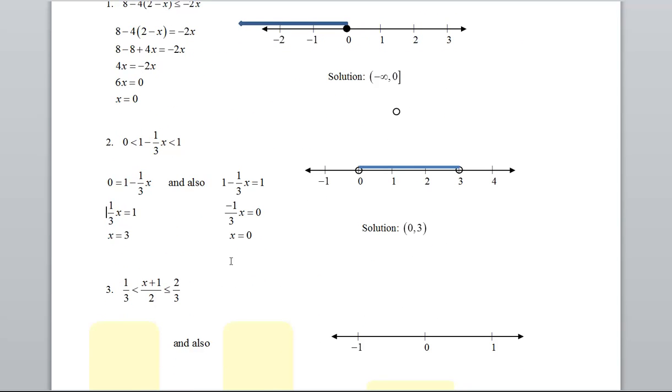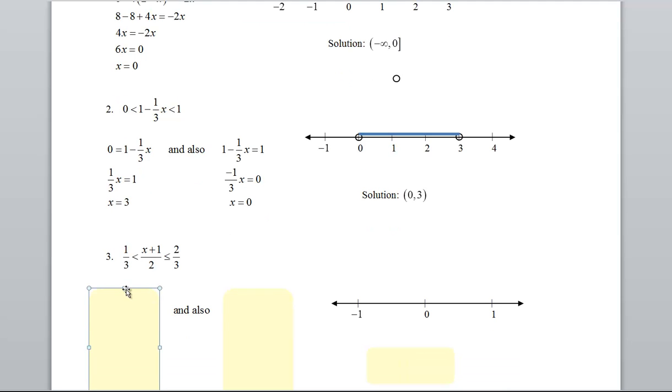One more. Sort of similar to this one here. It's a 3-part. I've got the left, middle, and right. So let's do the left hand first. I'm going to make that equals. Now, anytime you have one fraction equaling one fraction, I always cross multiply. So I'm going to go 3 times that quantity and 2 times 1. See what I did?